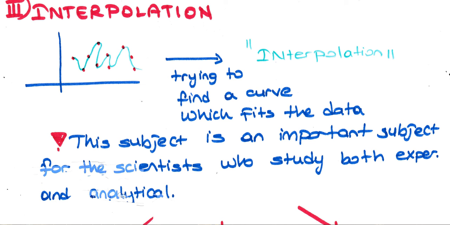So let us discuss what interpolation means on a graph. This should be better for understanding. On a graph, I showed two things here. One of them is the green line, the green curve. The second one is the red points. If you are conducting an experiment, you get these red points.